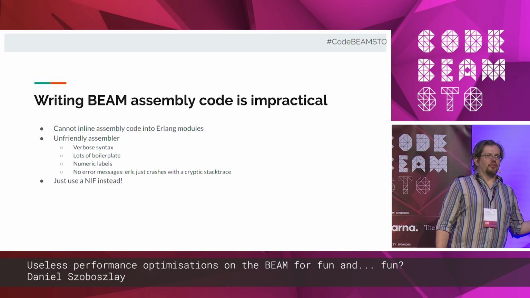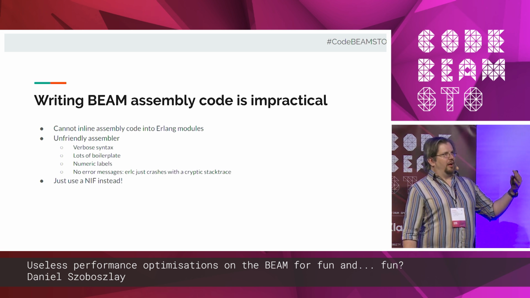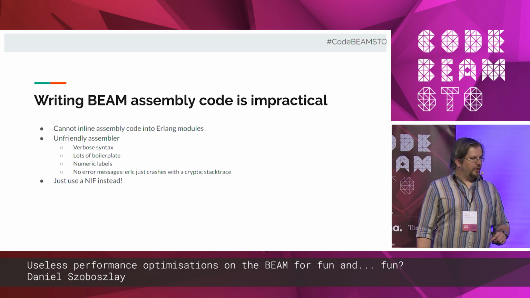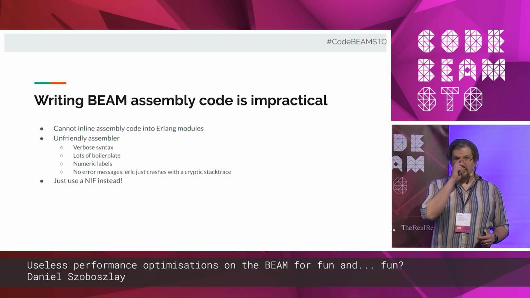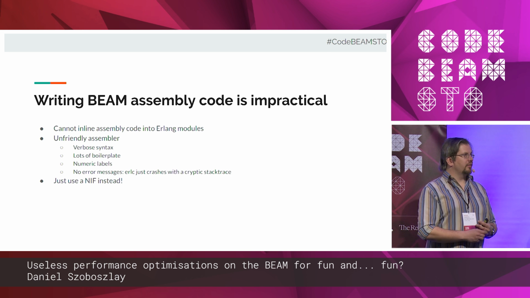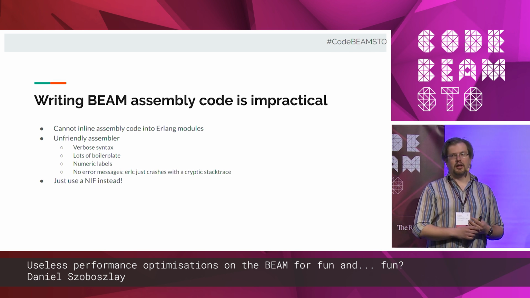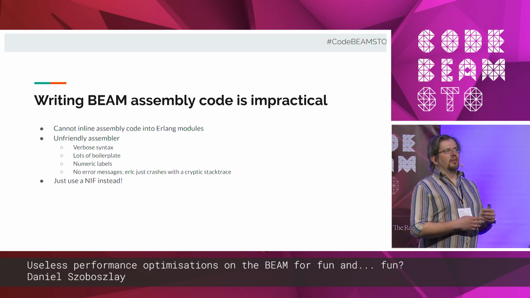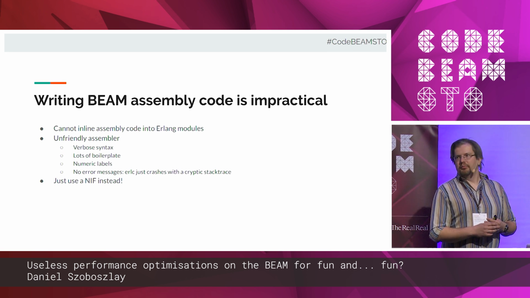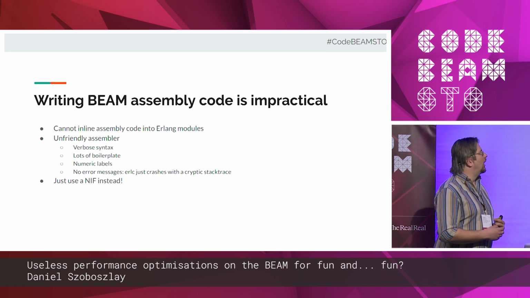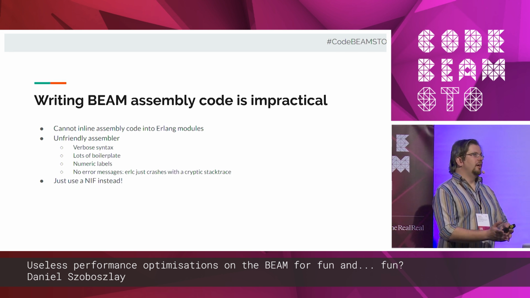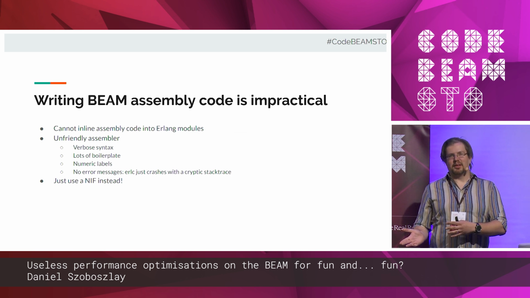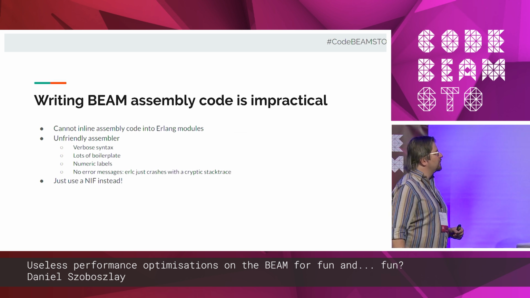Like in most C compilers, you can do that within your C function, you have a little assembly layer and do 1 or 2 tricks for the really performance critical parts. I can't do that with Erlang. I cannot insert these tricks into the place where the compiler doesn't recognize it for me. So I either rewrite my entire module in assembly or I don't optimize it. I guess everybody would go with not optimizing it.